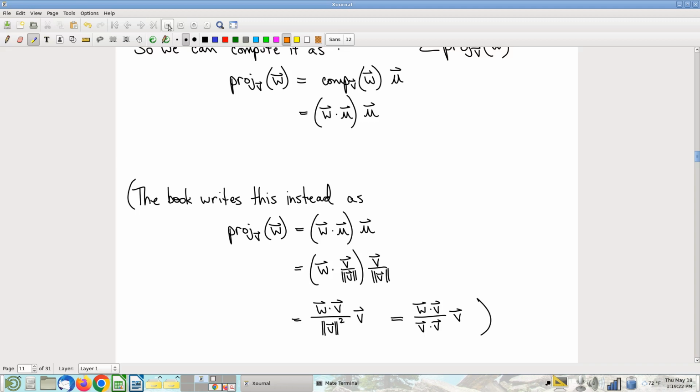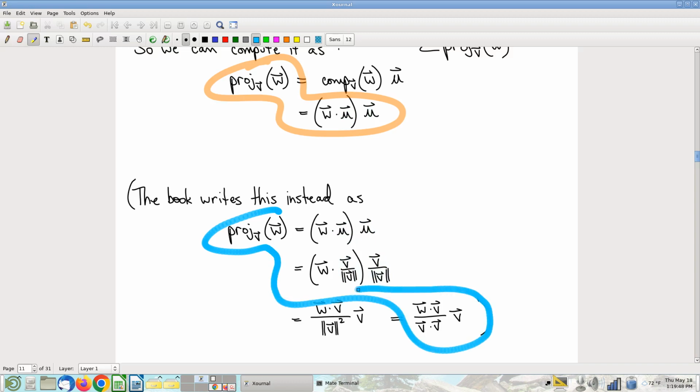So anyway, the author gives the formula that results from taking that U and plugging in what those formulas for that U are, right? And then you move things around a little bit, and what you end up with is, instead of this formula for projection, that formula for projection.